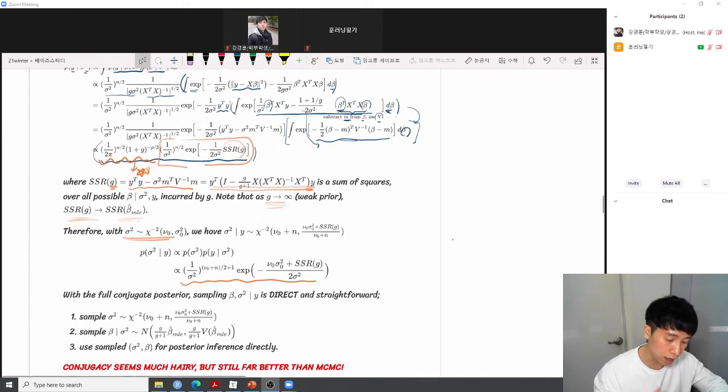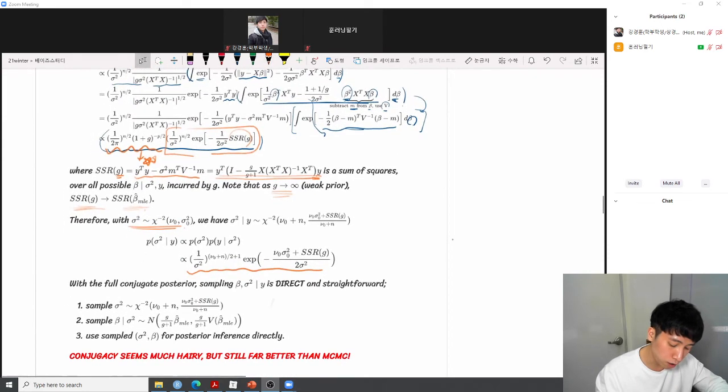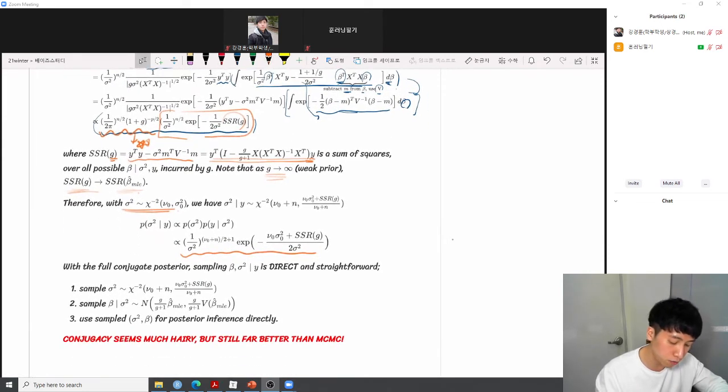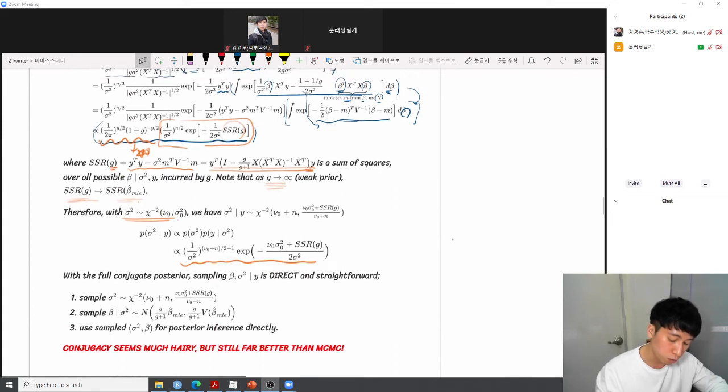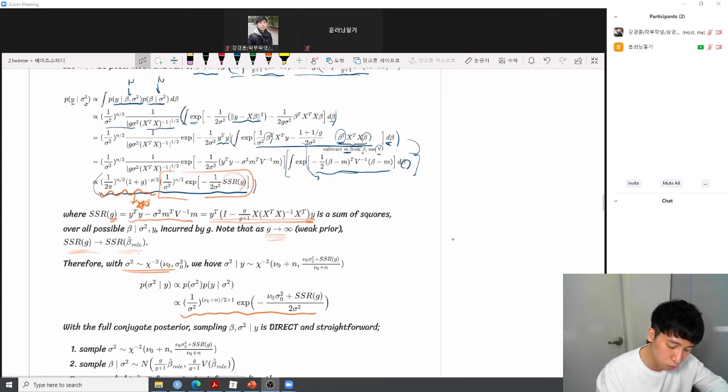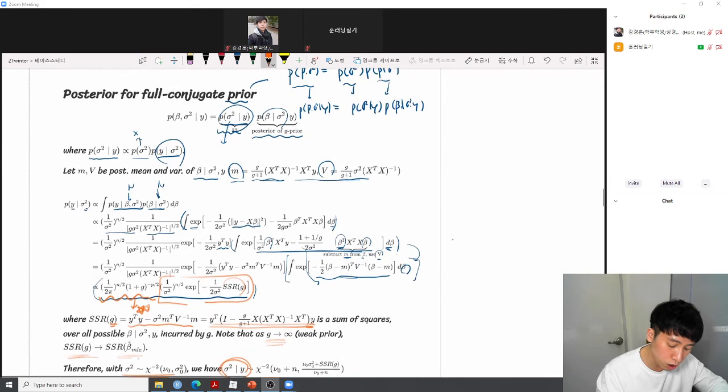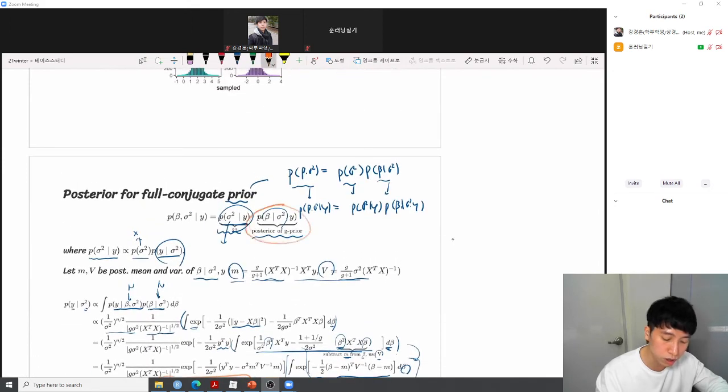So anyhow, we have succeeded in deriving a full conditional posterior. With this term right here, we know that sigma squared given y follows the inverse chi-square distribution, and given the sigma squared, we know the posterior of beta, which is the g prior.